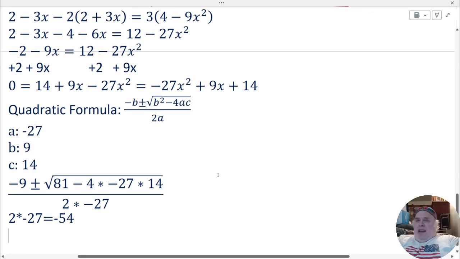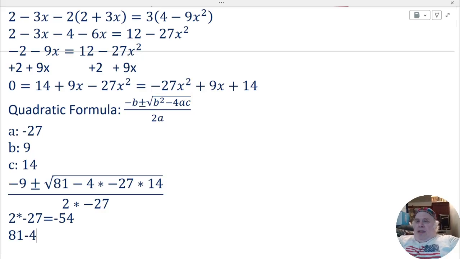So to simplify that, I'm just using the calculator built into OneNote now, and I'll just plug in this little thing, and that's going to give me the discriminant, which is 1593.